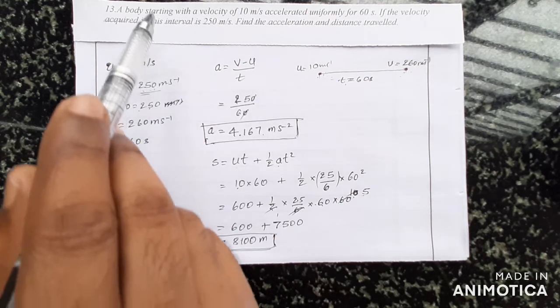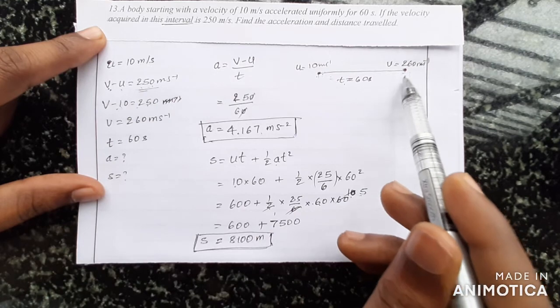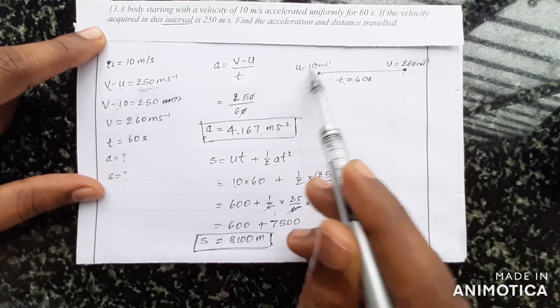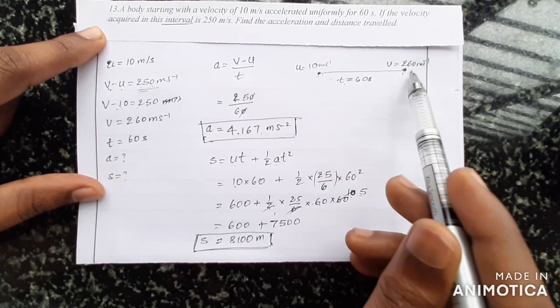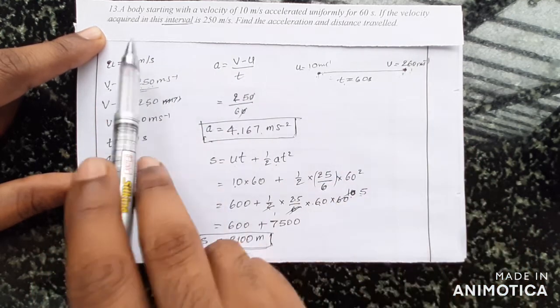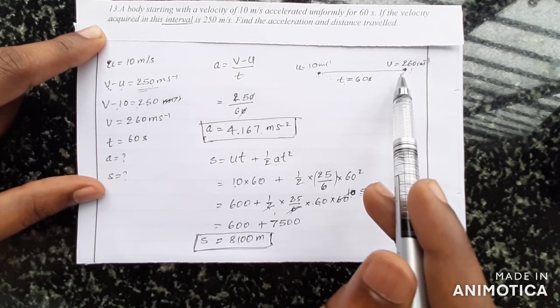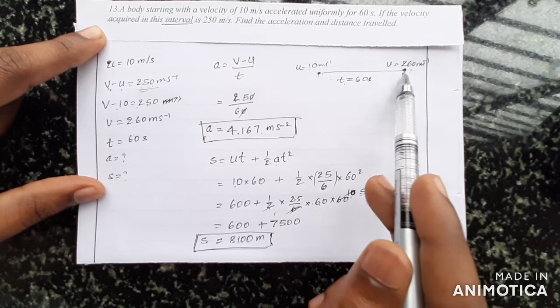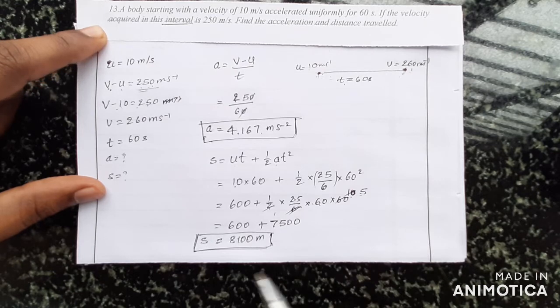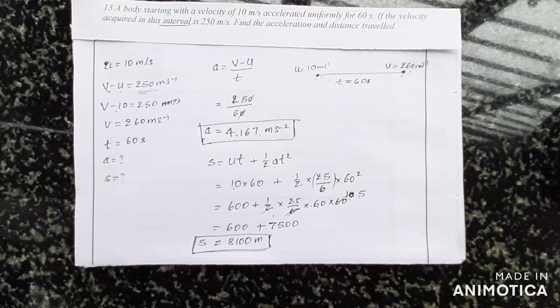If they give particularly in this interval, then final velocity will be 250 plus 10, initial plus acquired. If they give simply, if the velocity acquired after 60 seconds, then v is directly 250. Right. This is 13th question.